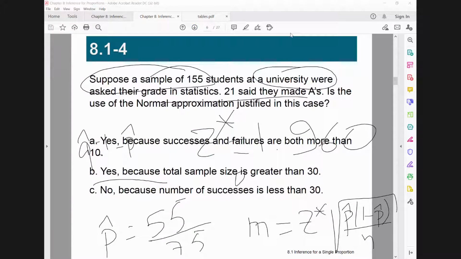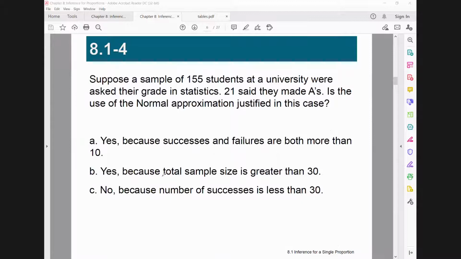Let's move to the next question. Here, why can we approximate with the normal distribution?